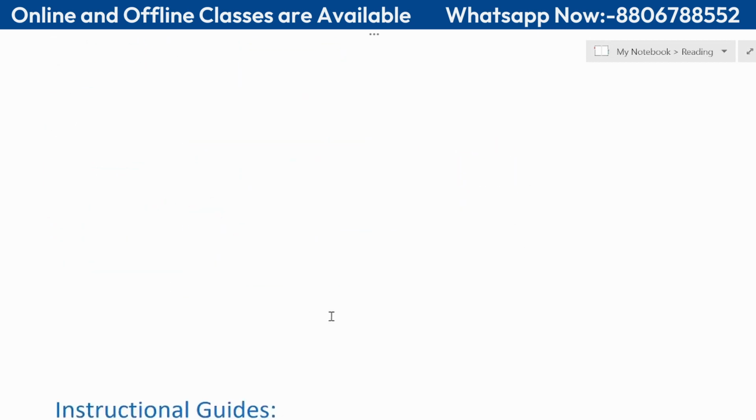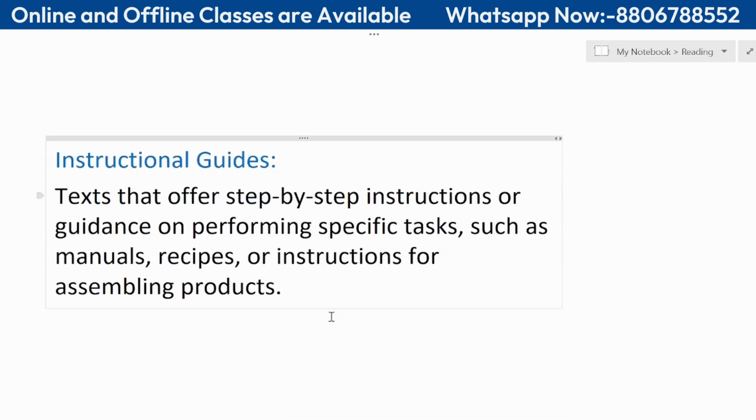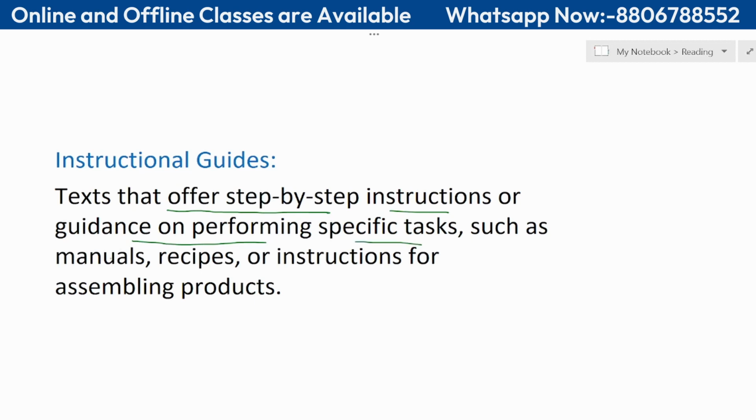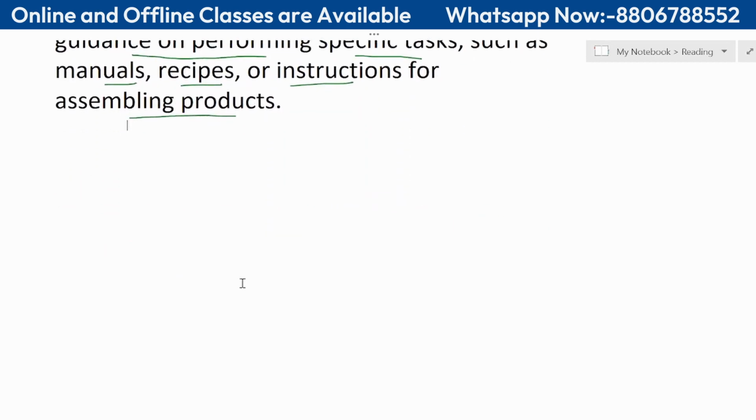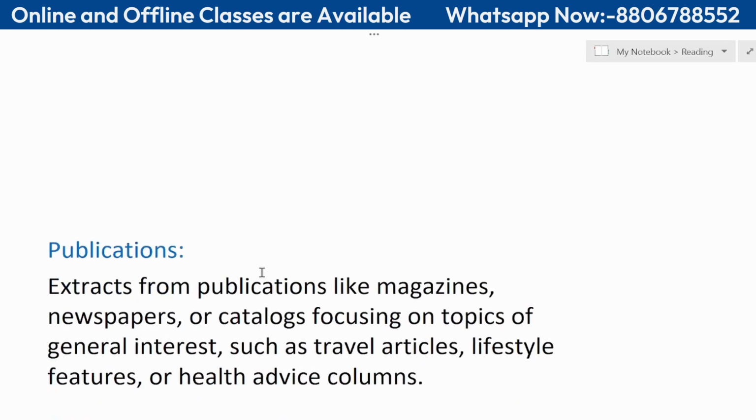The next is in relation to instructional guides. Texts that offer step-by-step instructions or guidance on performing specific tasks such as manuals, recipes, or instructions for assembling products. So some passages can be based on that.